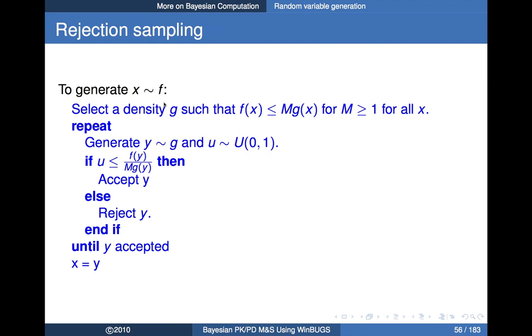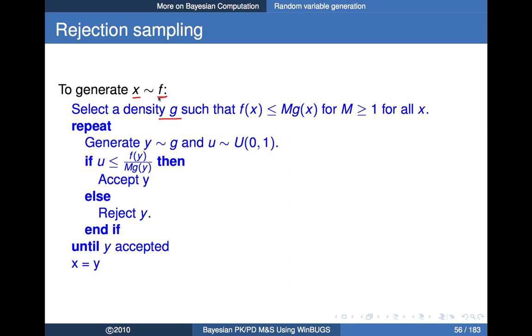So rejection sampling, again, suppose I've got some distribution with density f, and again I'm still assuming univariate right now to keep things simple. So little f is now representing the probability density function that I want to sample from, and I'm going to generate some value x from that density. Well, the first thing I have to do to use a rejection sampler is pick some other density.